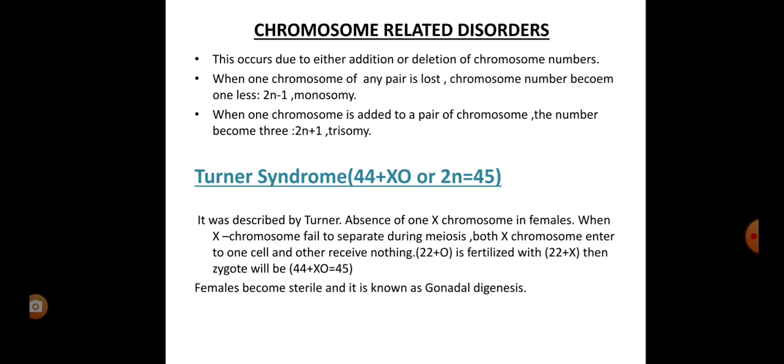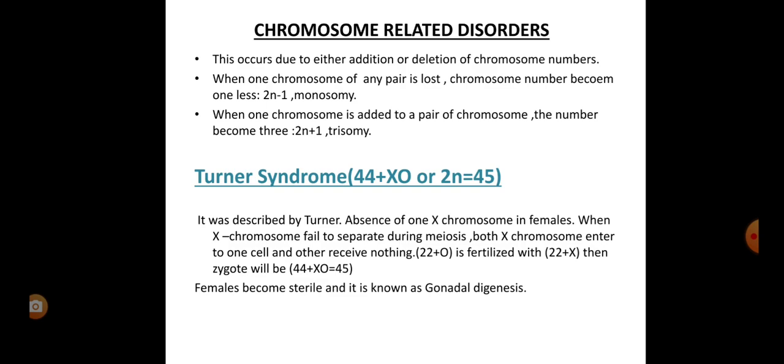So when one chromosome of any pair is lost, the chromosome number becomes 1 less, that means 2n minus 1, and that is named monosomy. That means one chromosome is less, so it causes monosomy.